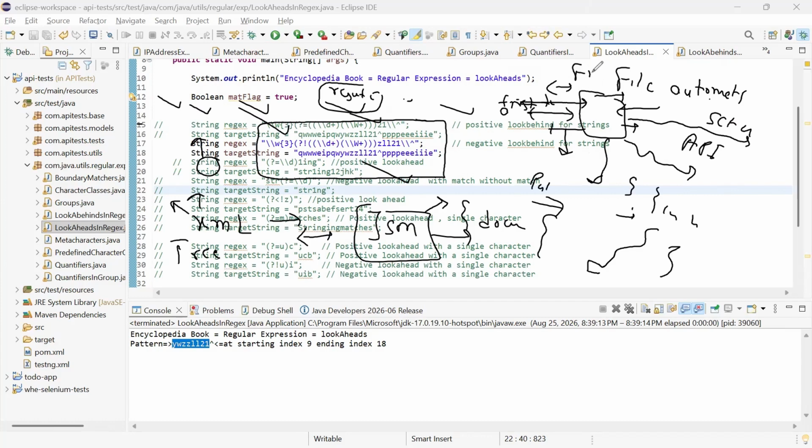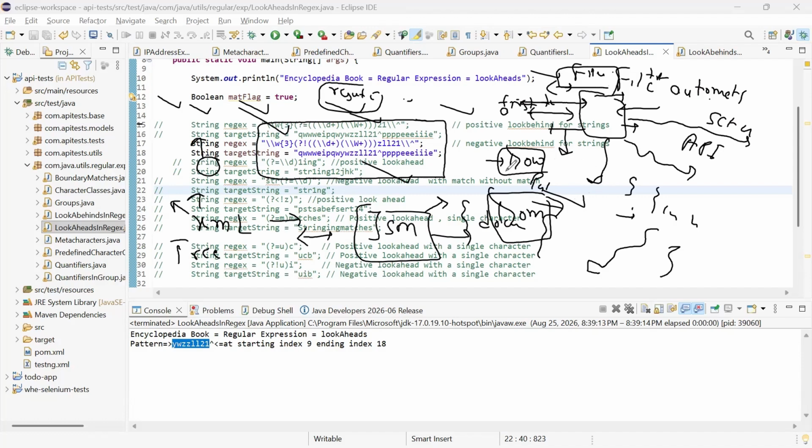Sometimes you want to validate the pattern of the file name with the extension txt. That's where you can use regular expression. These are just examples. Or you are trying to search something in the DOM using Selenium. It totally depends on the application. That is where these concepts come in handy and help us solve the problem.